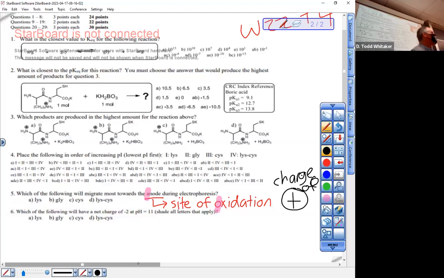Okay, so you got to calculate pi for each one. You better become pi experts. It's a big part of this test. It's not just in the section either. And then you're going to pick the lowest pi. But on your test, I can almost guarantee, it'll be 4 different species and the word cathode, because I like mixing it up.